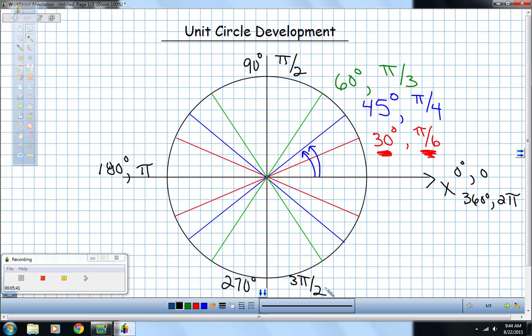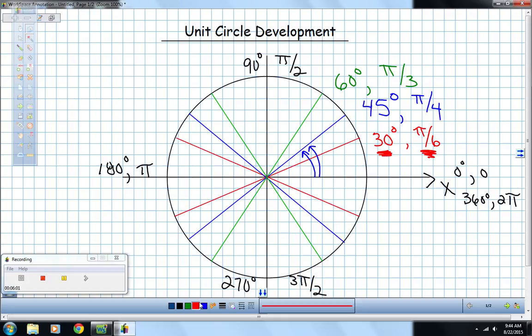Okay, moving on. Let's start first with this 30-degree angle. I told you early on that it'd be a great idea to bust out colored pencils or pens, and the reason is what we're going to talk about right now. I'm going to use my red.